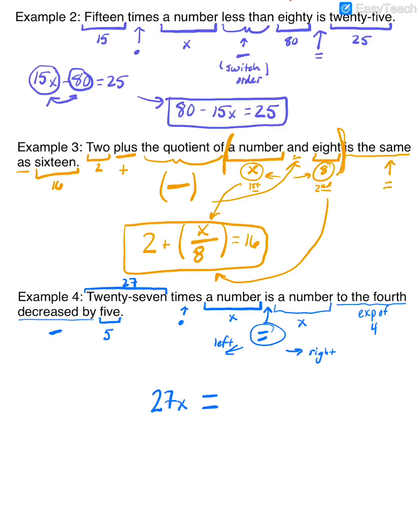Or you could put a dot in there, parentheses around the x, however you want to show it. And then on the right side, it says a number to the fourth decreased by 5. So x would be a number that's to the fourth, so I would put 4 as the exponent of x. Decreased would be the subtraction sign that I'd put next, and then the number 5. So then that's my answer.